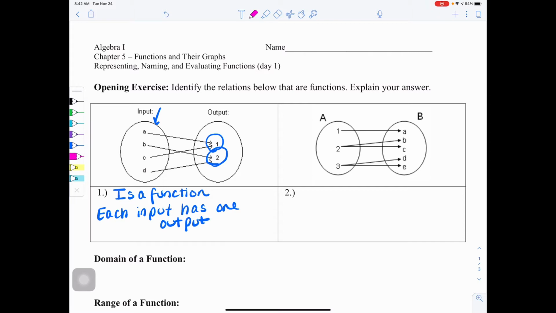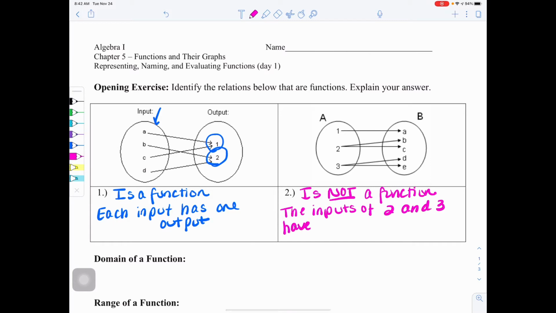For number 2, you should have is not a function. If I have to explain myself here, I wrote the inputs of 2 and 3 have more than one output.